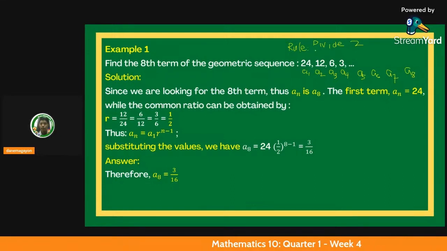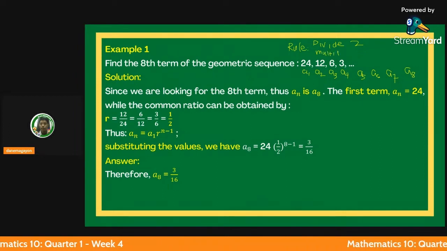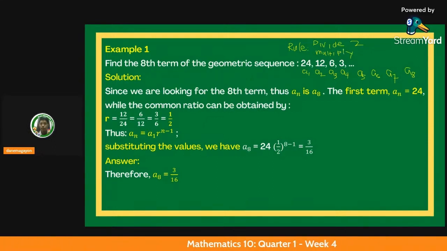Or aside with the rule of dividing by 2, diba, we can express this with the use of multiplication as the operation. So we can multiply this and then we get the reciprocal of the term after the word divide 2. Diba? Multiply natin siya by 1/2. So ito yung magiging corresponding rule natin.